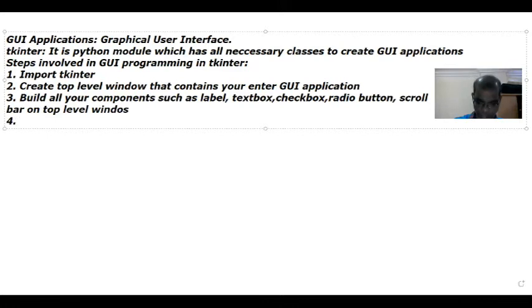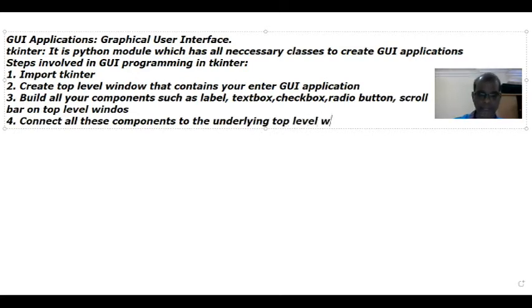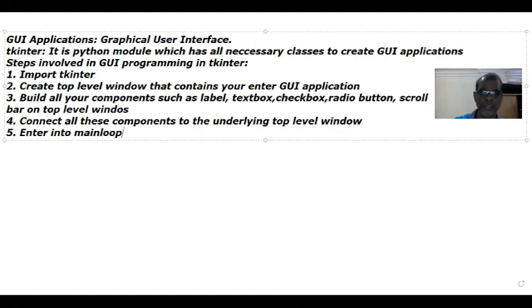Number fourth step is connect all these components to the underlying top level window. Fifth step is enter into main loop. That's all. These are the steps we have to follow to create one GUI program using tkinter.